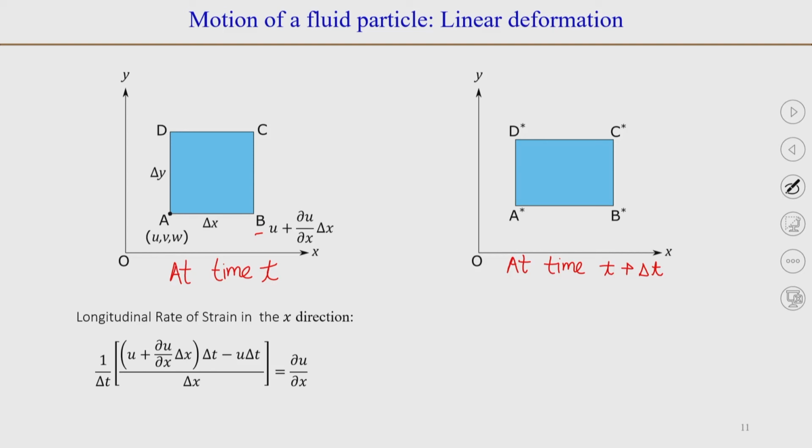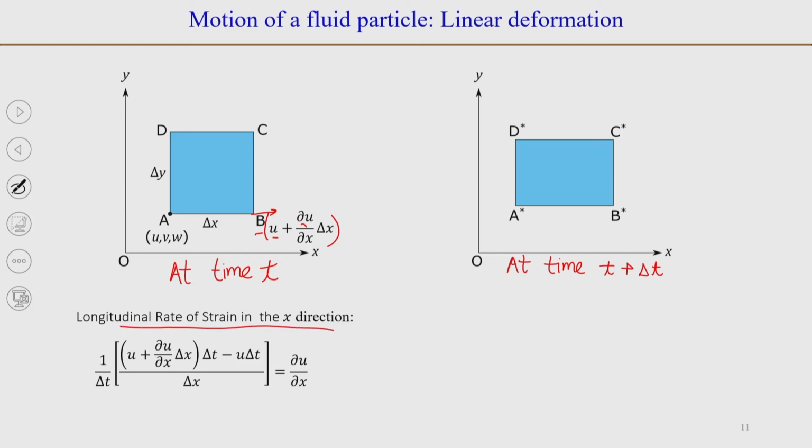Okay. So, the u component of velocity of point B, because we are now concerned with the motion of point B along the x direction, will be u plus dou u by dou x into delta x. So, the longitudinal rate of strain, or rate of strain in the x direction: the strain is the change in length of side AB.